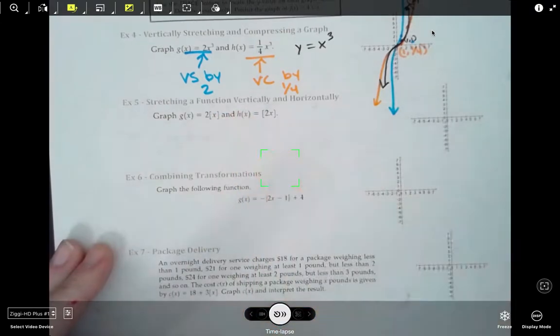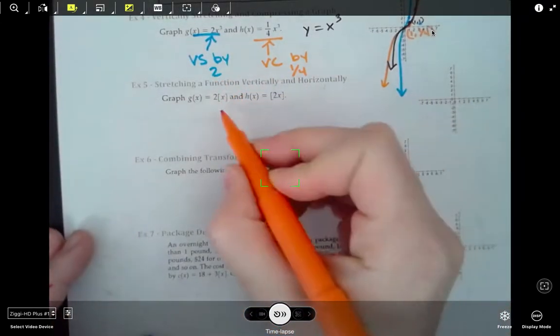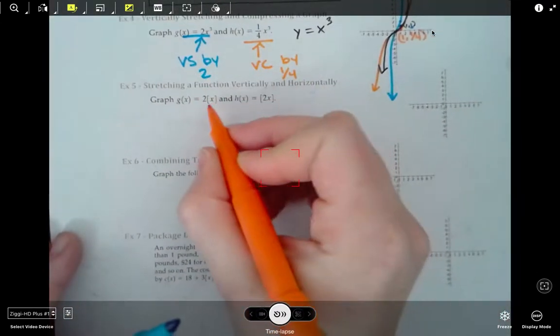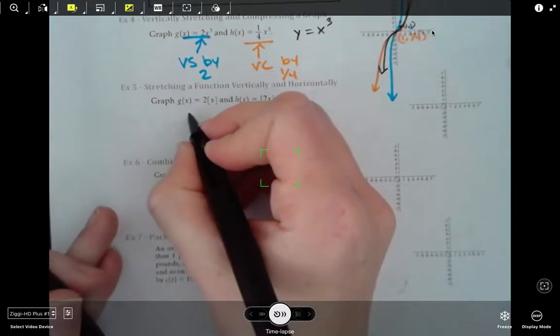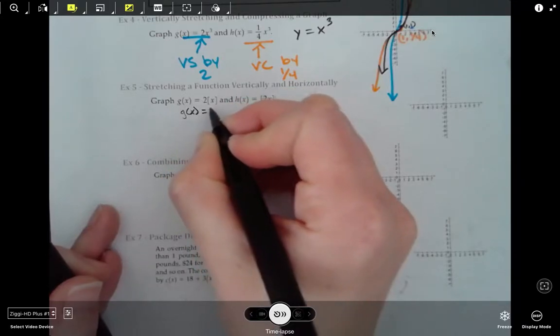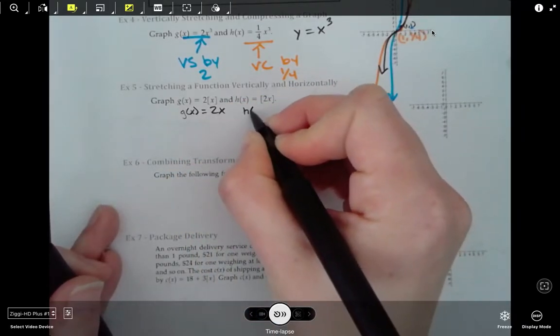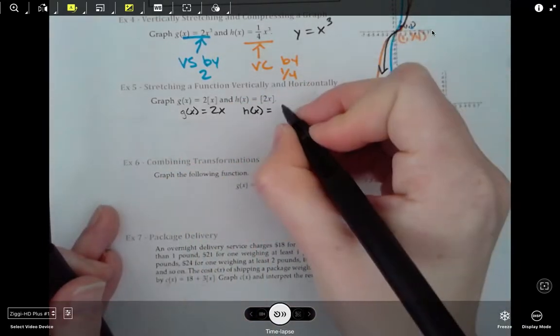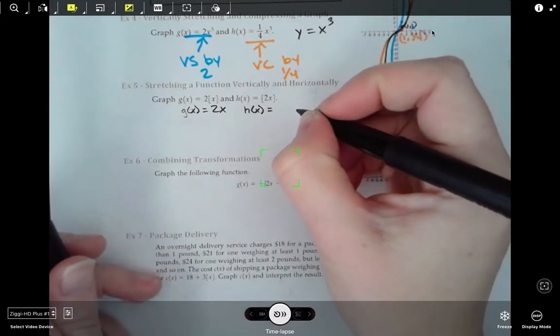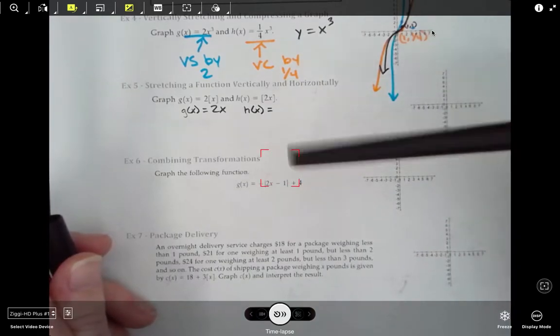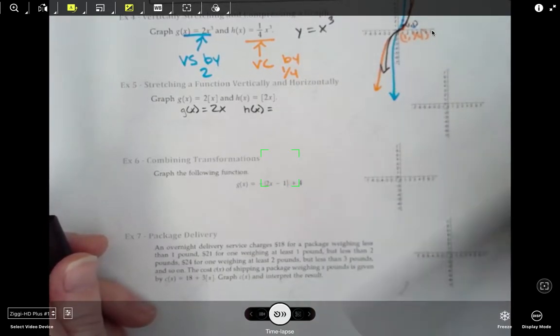All right. Now we have stretching a function vertically and horizontally. So looking at the differences between those. Let's just change these. I don't want to do any more greatest integer functions. Let's just say that this is g of x is 2x and h of x is, well, that's not very good either. But we'll do the absolute value.